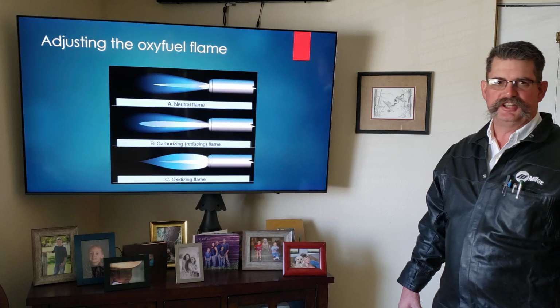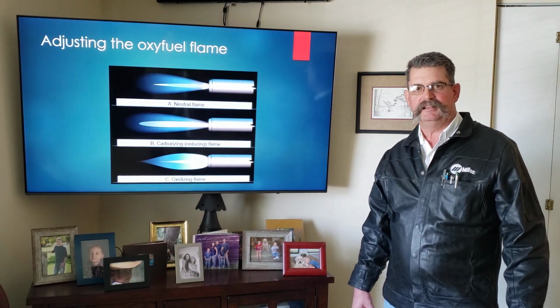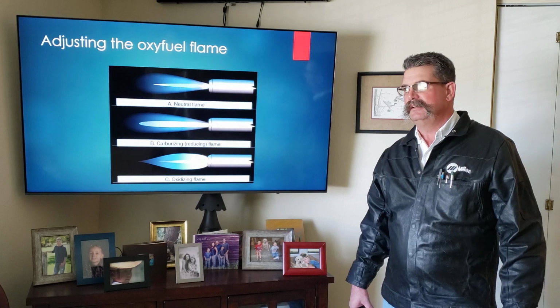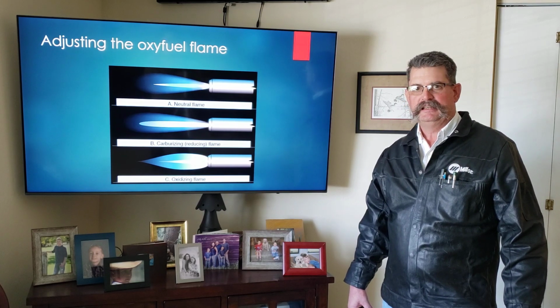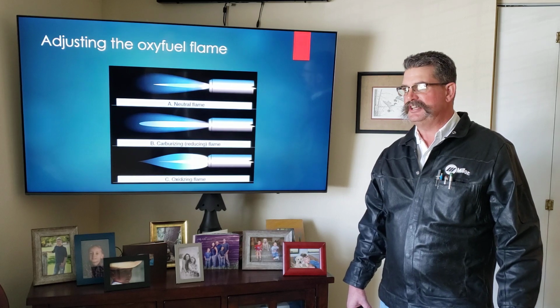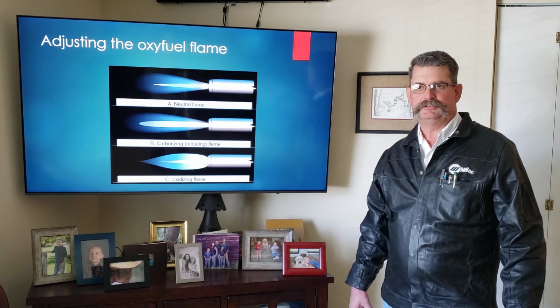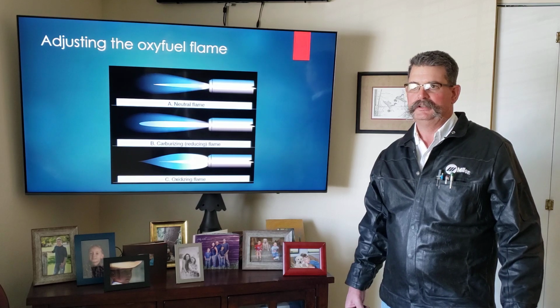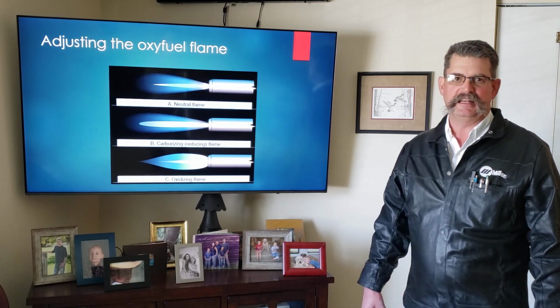The importance of adjusting the oxy-fuel flame also affects heat and fusion between base metal and filler rod type applications, in that you need to properly adjust it. After lighting the oxy-fuel torch, when students or the welder goes to light the torch, you have just acetylene gas.